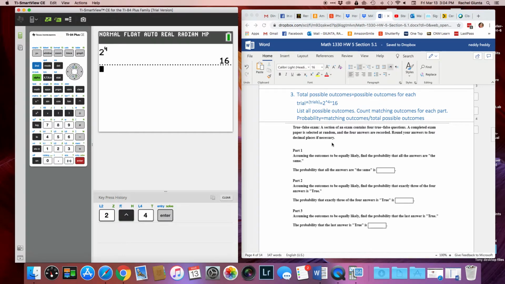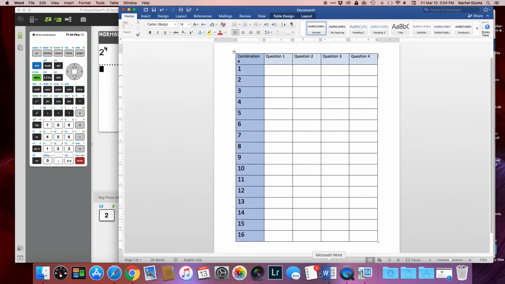Then in terms of coming up with what all of those 16 combinations are, you're going to need to write all those out, and I've made a table here just to make it a little easier to follow. So what I have here are the 16 different combinations. Once you know how many combinations there are, you're going to want to number your paper 1 through 16, or whatever number of combinations you have for your question.